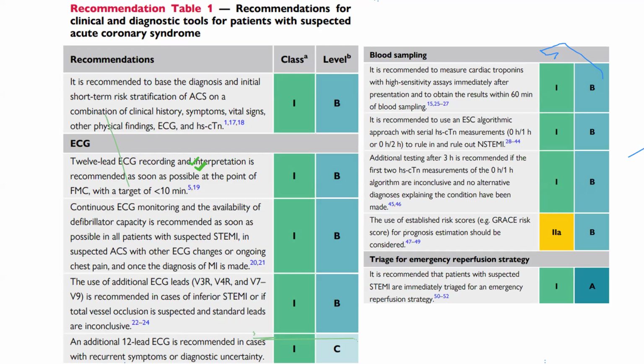It is recommended to use the ESC algorithm approach with serial high sensitive troponins, the 0-1 hour or the 0-2 hour algorithm, which still is a bit impractical and uncertain, considering that getting your initial troponins at time 0 can even take so much time.